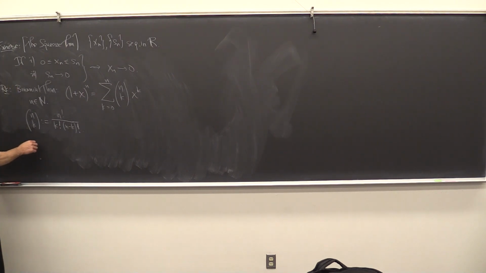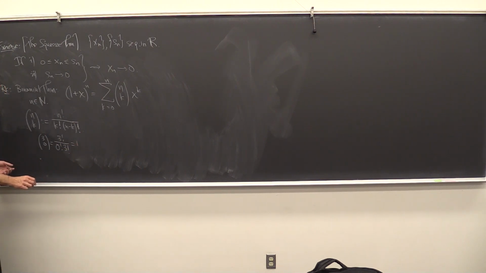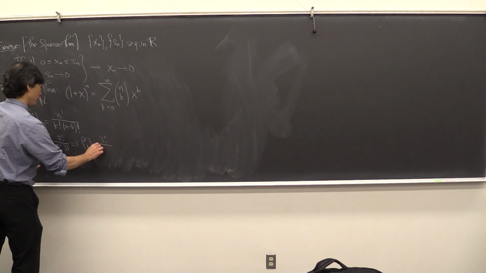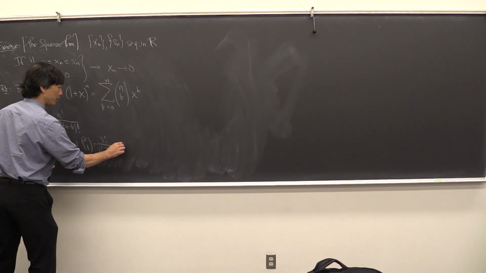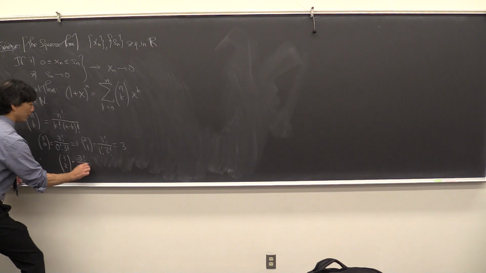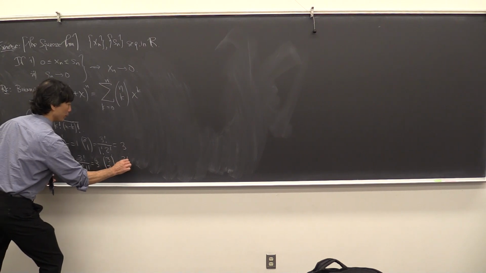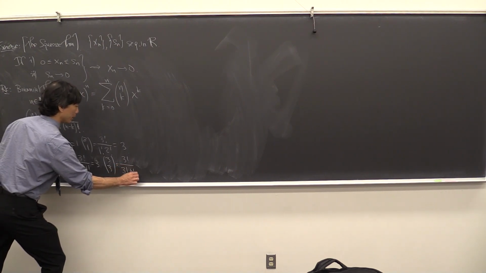Okay, so let me just say, 3 choose 0 is going to be 3 factorial over 0 factorial times 3 factorial, which is just 1. 3 choose 1 is going to be 3 factorial over 1 factorial times 2 factorial, which is 3. 3 choose 2 is 3 factorial over 2 factorial times 1 factorial, which is 3. 3 choose 3 is 3 factorial over 3 factorial times 0 factorial, which is 1 again.